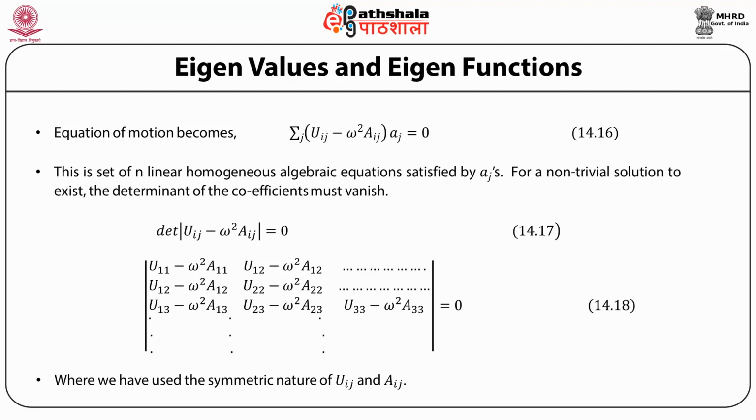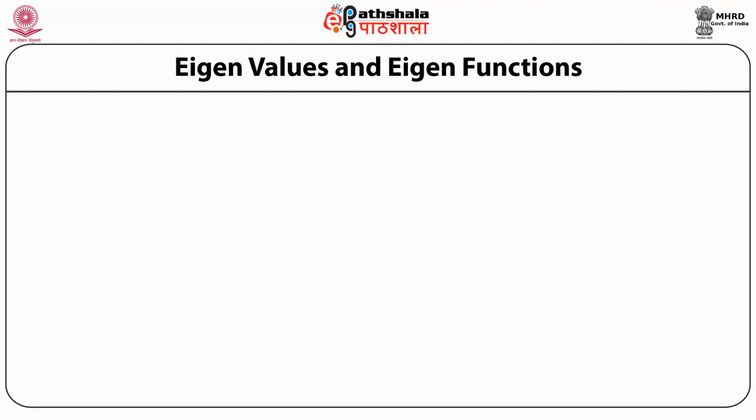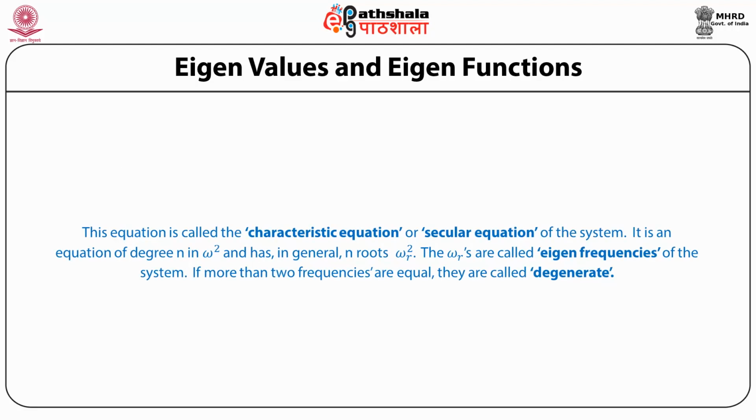Putting the determinant equal to 0 gives an equation which is called the characteristic equation or secular equation of the system. Since i and j vary from 1 to n, it is an equation of degree n in omega square and therefore has in general n roots, omega 1 square, omega 2 square, etc. The omega_r's thus obtained are called the eigenfrequencies of the system. If two or more eigenfrequencies are equal, they are called degenerate.